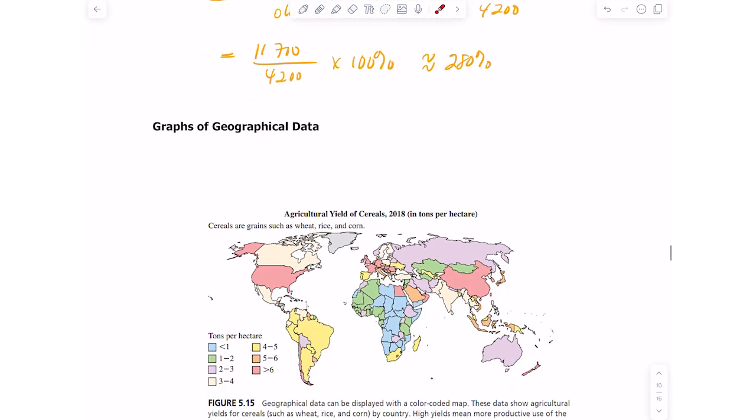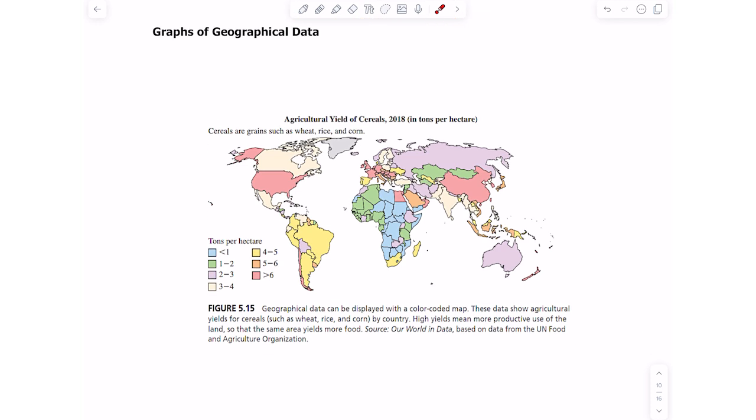One other type of graph we're going to look at here are what are called geographical graphs. And geographical graphs are used to reveal geographical patterns in data. So here you can see agricultural yield of cereals in 2019 in tons per hectare.